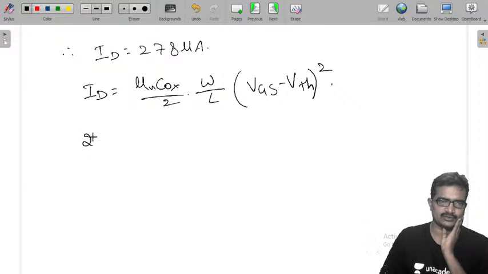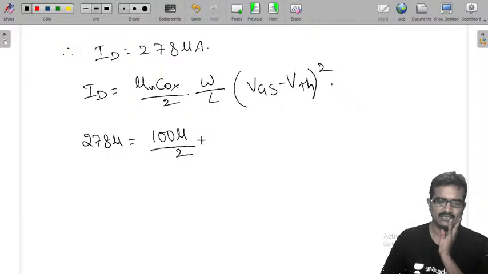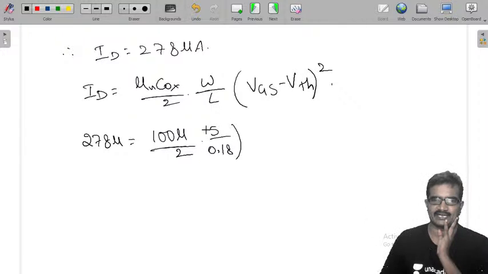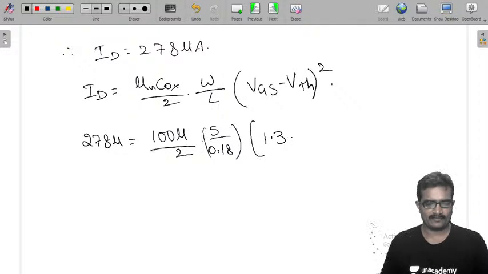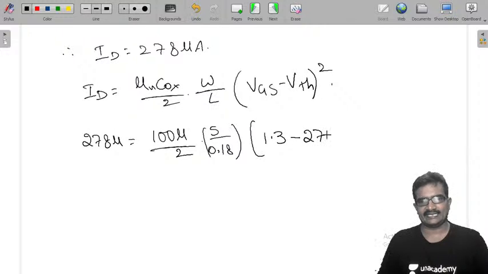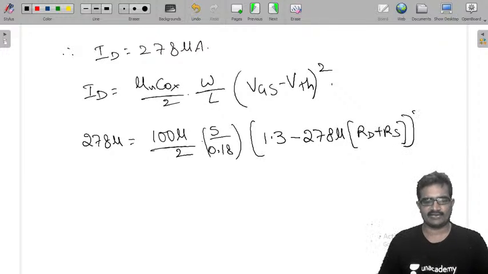So ID is 278 micro, mu n COX 100 micro by 2, W by L they gave 5 by 0.18, 180 nanometer technology. VGS is voltage at gate minus voltage at source, it is 1.3 minus ID times 278 micro into RD plus RS, whole square.